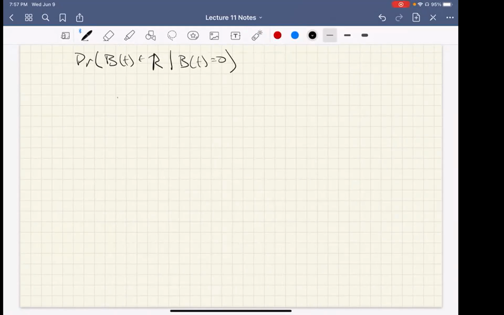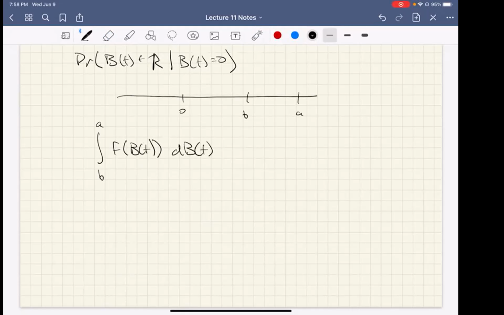That's basically, if you think back to our diagram, from A to B released at 0, the integral from B to A of the probability density function f of B of t, dB of t.